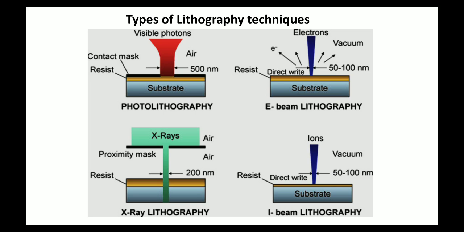Visible photons means our normal light. Normal light is used for making the patterns for the lithography. Photons are used to make the patterns, so we call this photolithography.